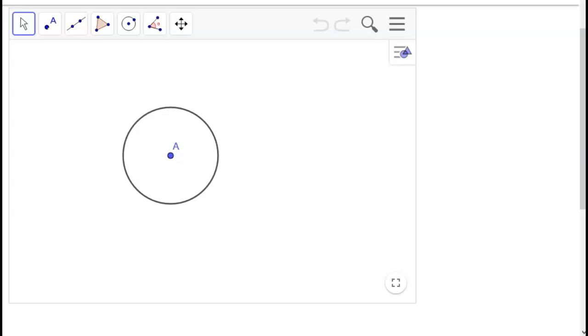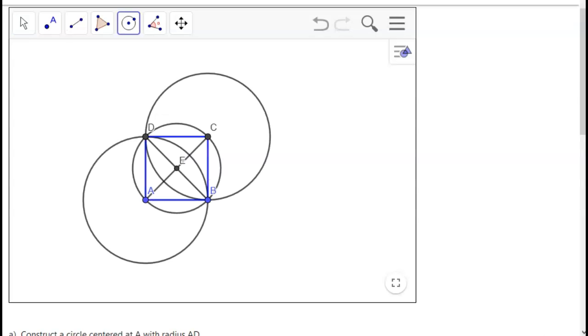So let's think about this for a minute. If we look back at this one here, remember, let's hide some of these things so it's a little bit more clear for us. I'm going to take away the square, if I can. I don't know if I can do that. Might not let me. And I'm going to take away these two pieces right here.